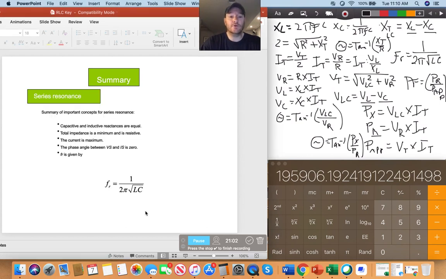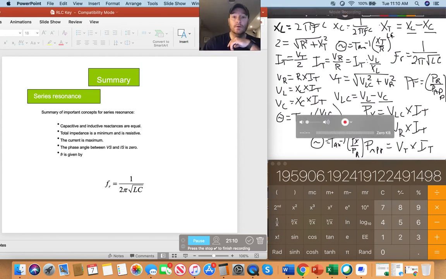So let's review real quick a little bit about the resonant frequency. Capacitive and inductive reactance are equal. Okay, so your X of T over here would be 0. All right, your voltage across your LC would be 0. Okay, your total impedance is at a minimum, and so is your resistance. Okay, kind of saying the same thing there. Your Z is at its minimum.